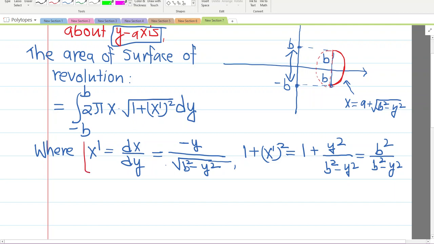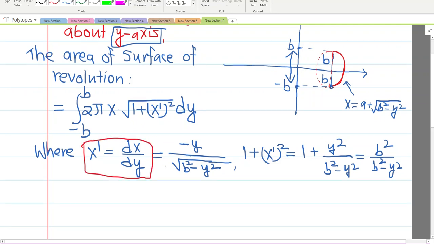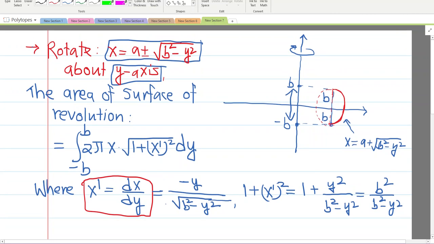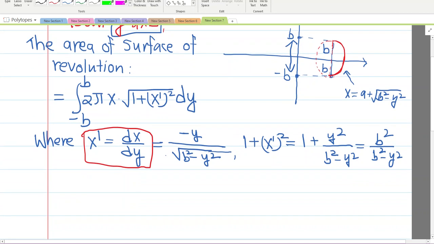If you take the derivative of this x function with respect to y, we get a square root, and we want to simplify this expression inside the radical sign, which I did right here, and that turned out to be this expression over here.